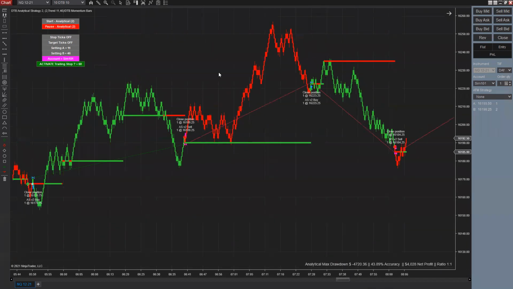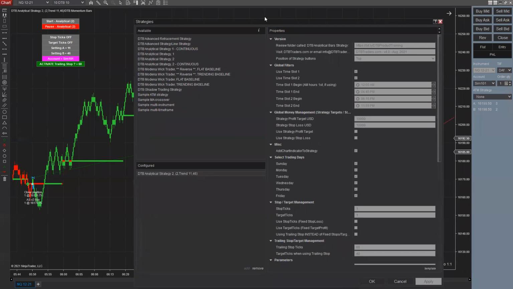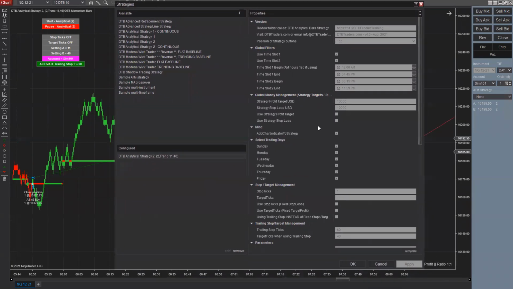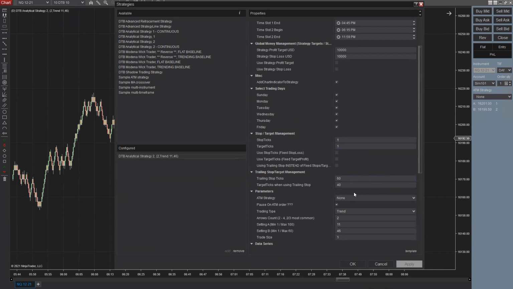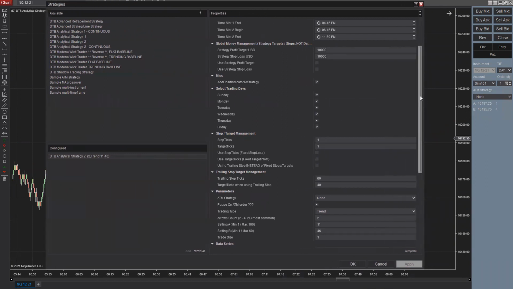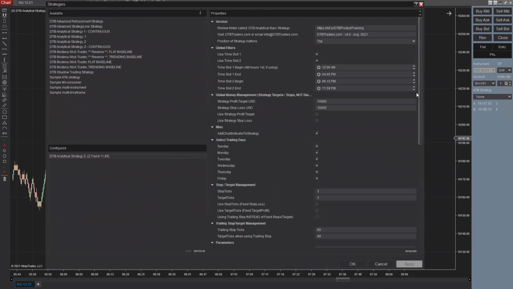So this strategy here, okay, I've designed this strategy a little bit by accident, not 100% intentional, but this specific strategy, instead of it having a daily target and stop, it's got a strategy target and stop. So what this means is that it's more designed for continuous trading over a longer period of time.